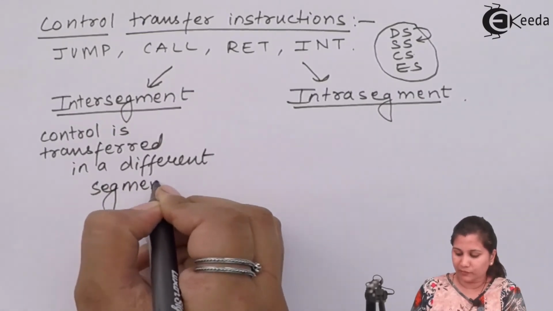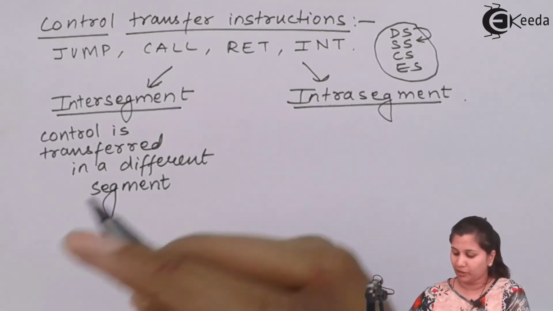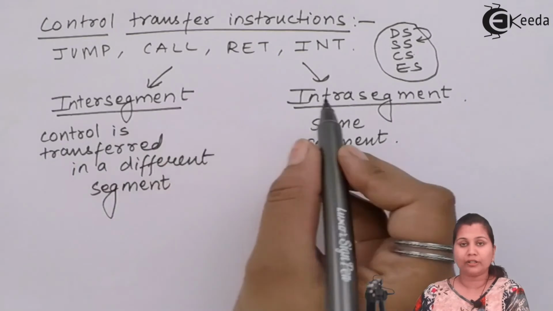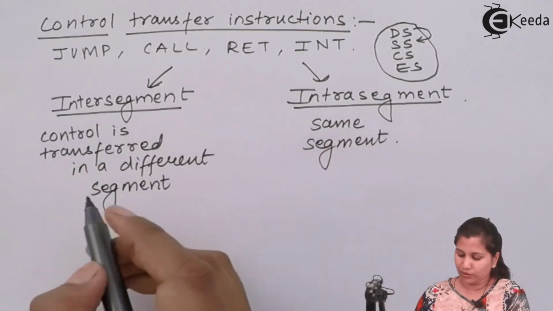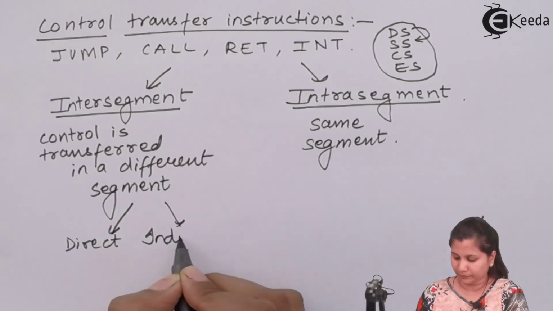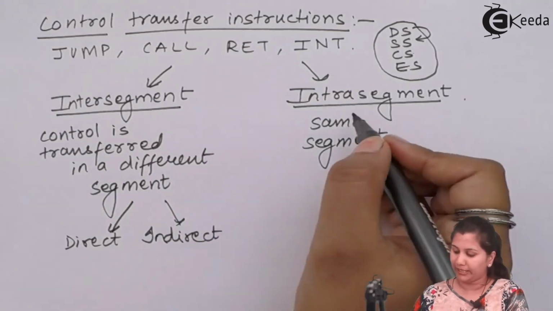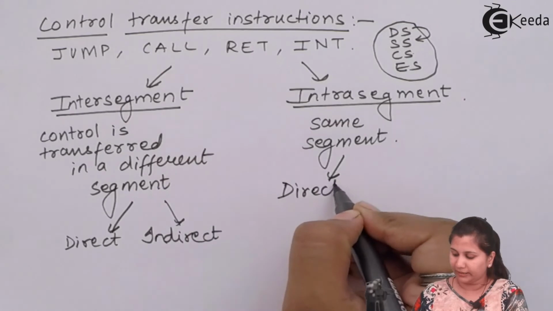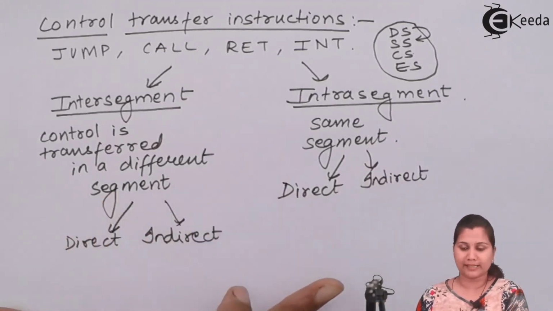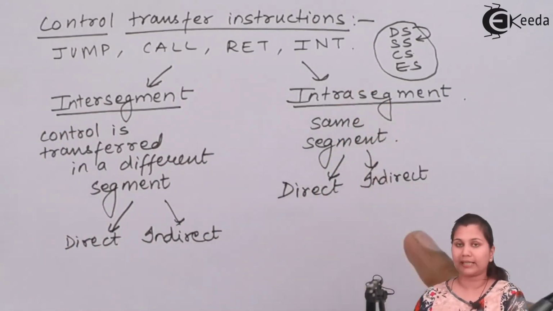And if the control is transferred within the same segment, meaning the address of the memory location is in the same segment, that will be called intra-segment. For both modes we have two addressing modes, either direct or indirect, meaning the address is specified directly in the instruction or indirectly. So in total we have four addressing modes: inter-segment direct, inter-segment indirect, intra-segment direct, and intra-segment indirect.